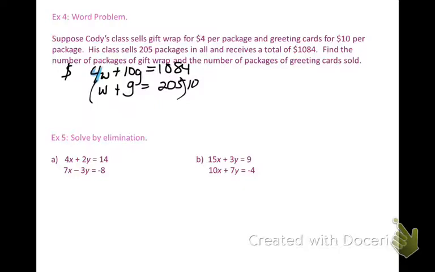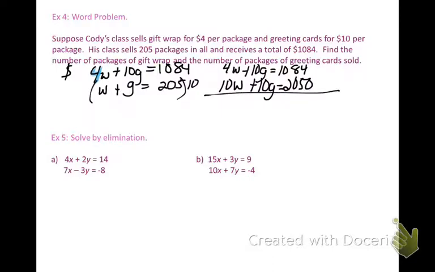So again, you have on the top your 4W plus 10G equals 1084. And then it'll be 10W plus 10G equals 2,050.